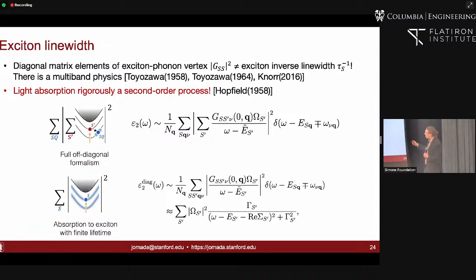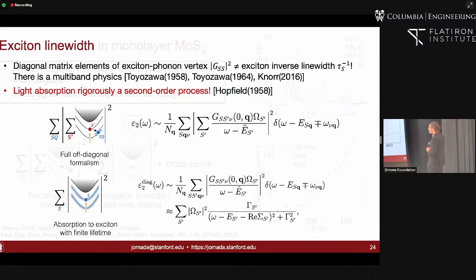This second-order process contains the same number of phonon vertices and electron-photon vertices, so in terms of perturbation theory, they are the same order. But this is really a second-order process that is approximated to look like a first-order process, and that is incorrect. What you're missing are the off-diagonal couplings, with S prime being different from S.